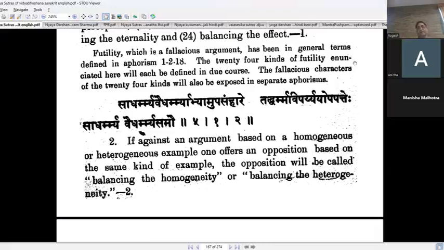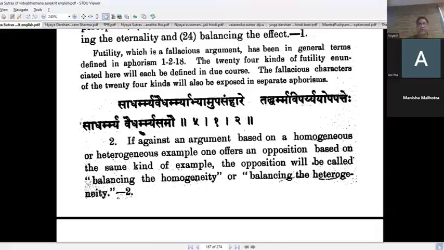Then sadharmya can be proved wrong by vaidharmya, using opposing properties to prove the first one wrong. Similarly, vaidharmya can be refuted using vaidharmya, and vaidharmya can also be refuted using sadharmya. So these are the four kinds. We'll just quickly look into that.